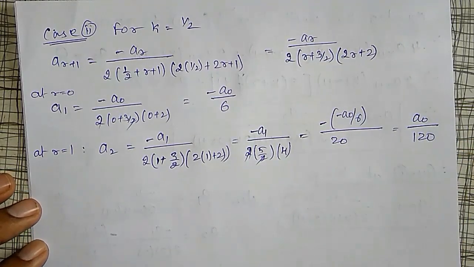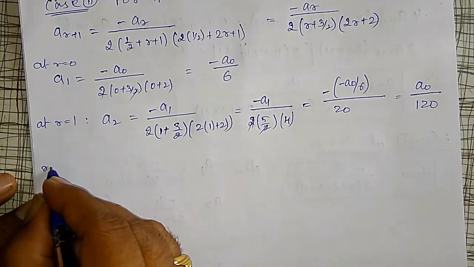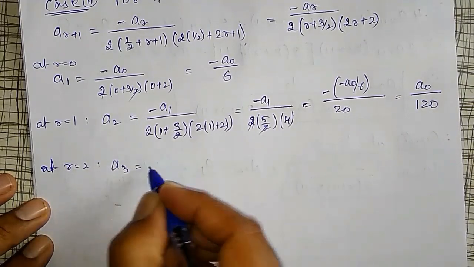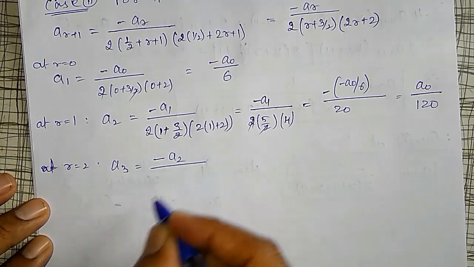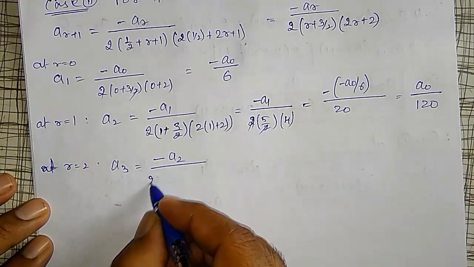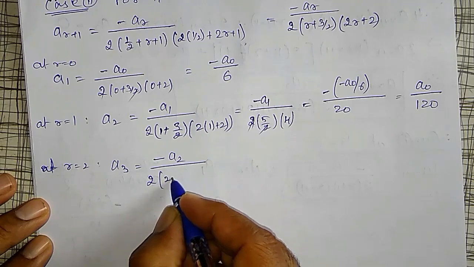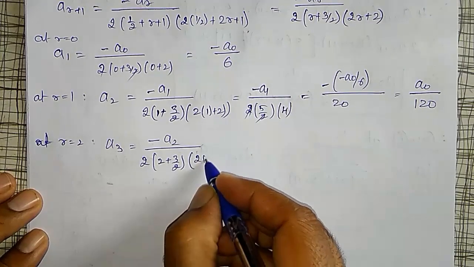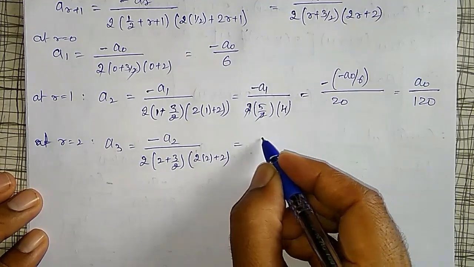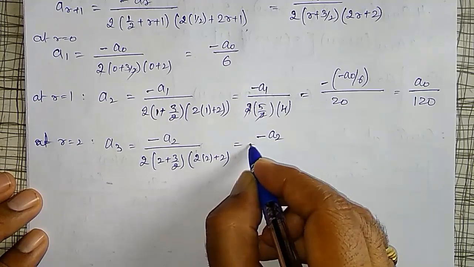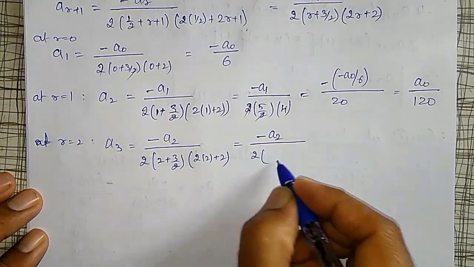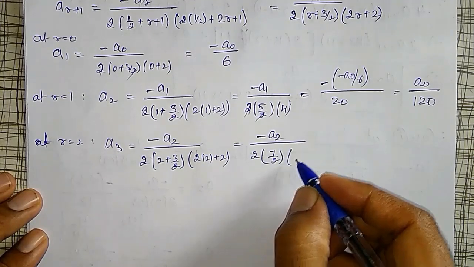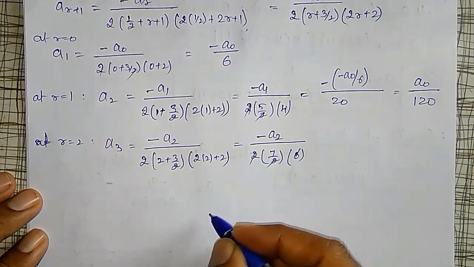This is a2. Like that, a3 at r equal to 2 will become minus a2 divided by 2 into 2 plus 3 by 2 into 2 into 2 plus 2, which is equal to minus a2 divided by 2 into 4 plus 3, 7 by 2, into 4 plus 2, 6, 2 cancels.